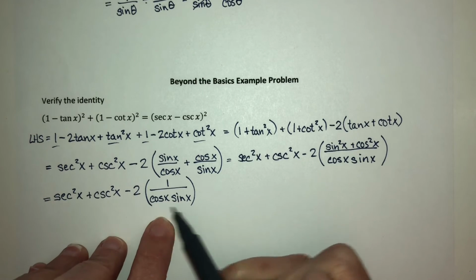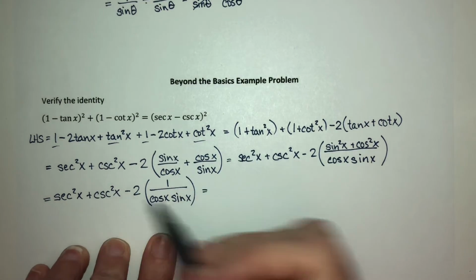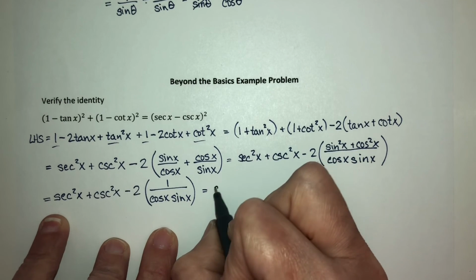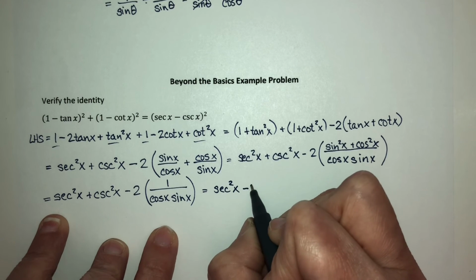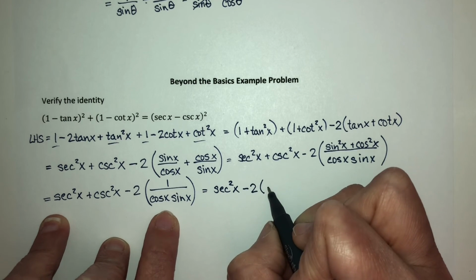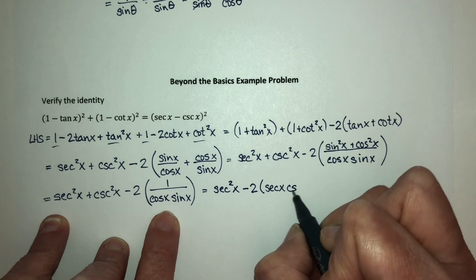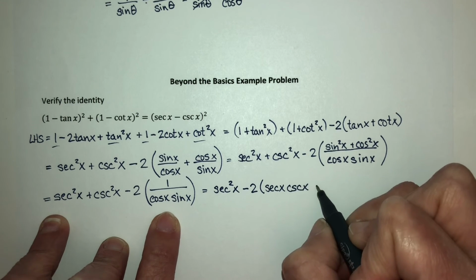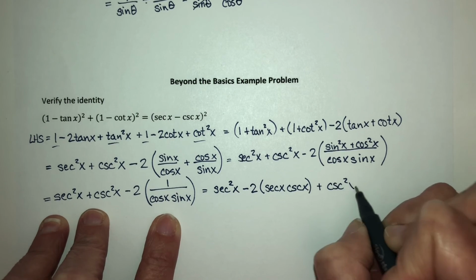And these I can write in terms of secant and cosecant. And I'm going to rearrange this just a little bit. I'll have secant squared of x minus 2 times secant x cosecant x plus cosecant squared x.